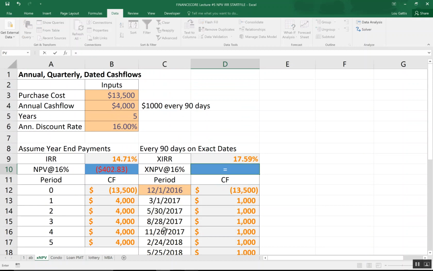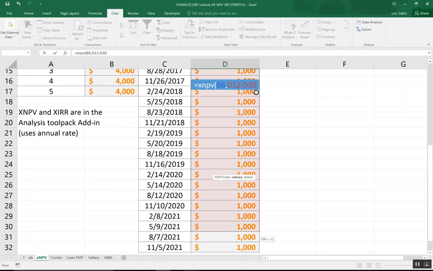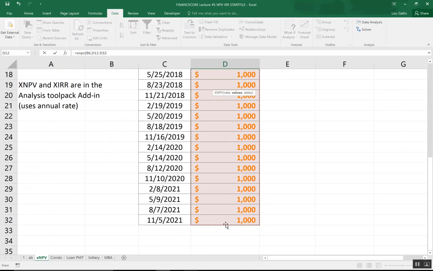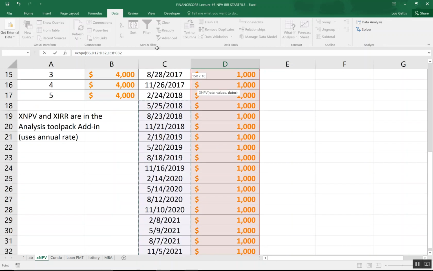And we can calculate the NPV now, the XNPV. Right? It asks for the discount rate. We'll put that in, comma. Then we put in the values, comma, and the dates.